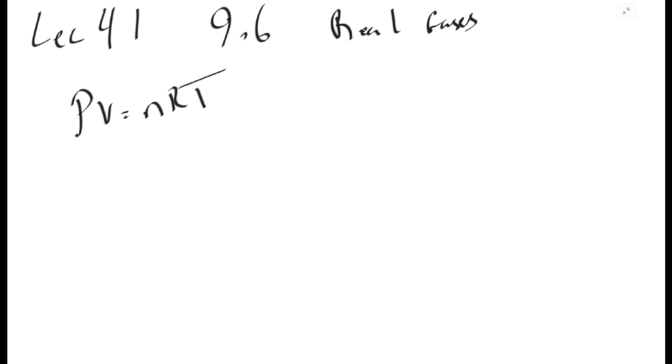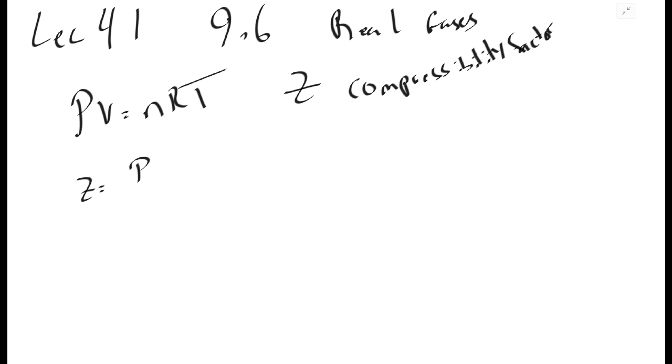One way to measure the deviation from ideality is through Z. A different Z, it is the compressibility factor. So Z is PV over nRT.